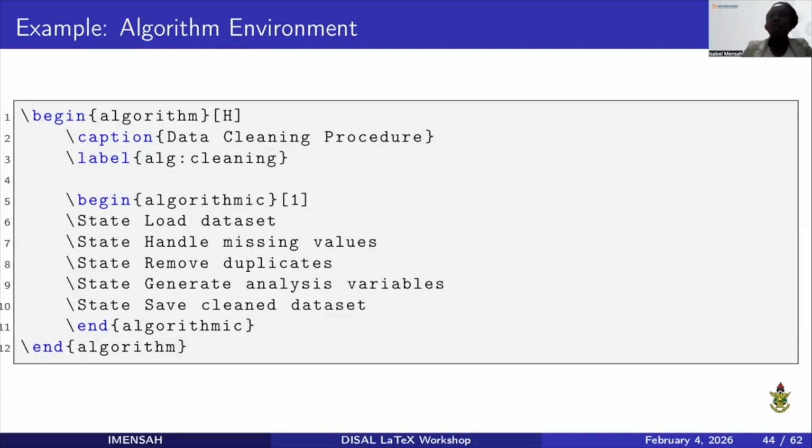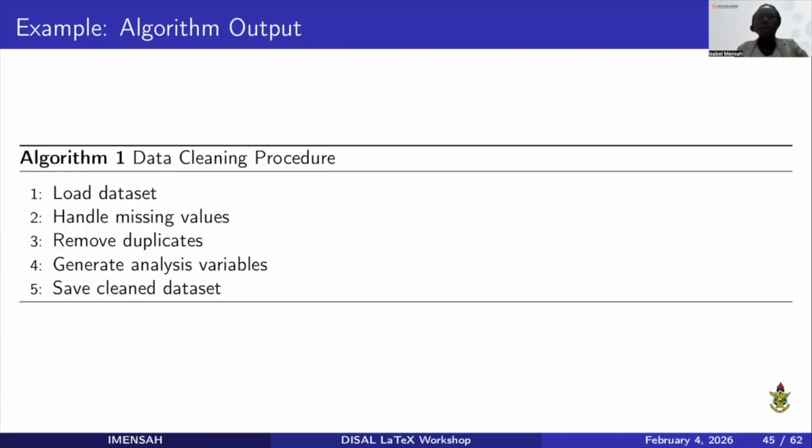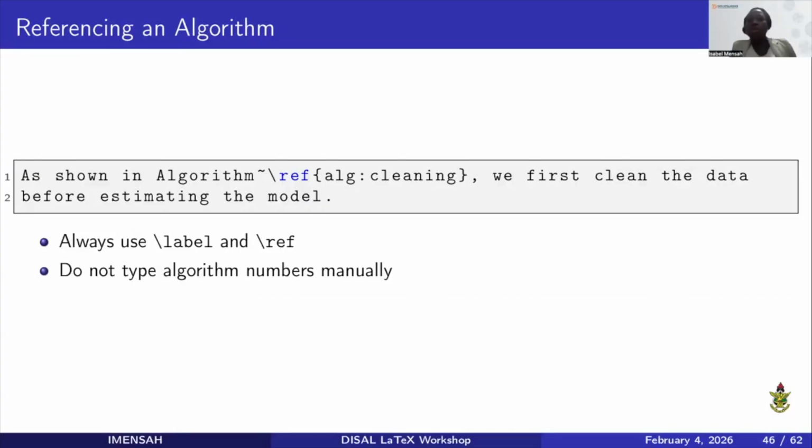Once you have a label, you can always reference it. If you give it a caption and a label, you don't have to type in the algorithm numbers manually. Once you put in the reference, it will automatically call it out for you.